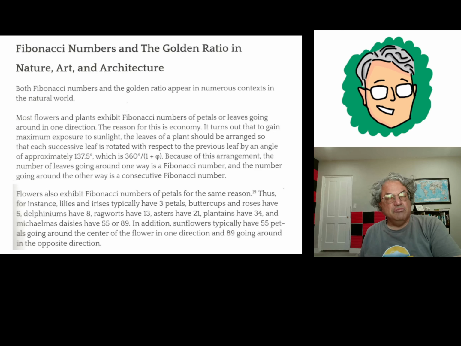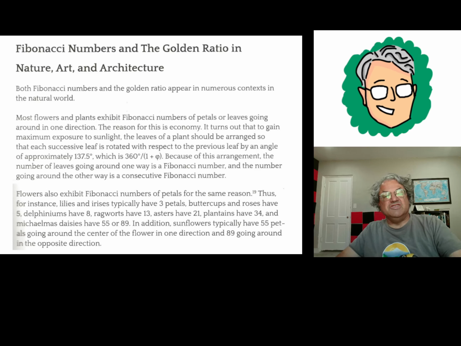Phi squared is also 1 plus phi. And if you do that arrangement, that will maximize the amount of sunlight you get for all the petals, and it'll also give you Fibonacci numbers going both clockwise and counterclockwise. That's all I'm going to say about that. You can prove what I just said, but I'm not going to bother with a proof.